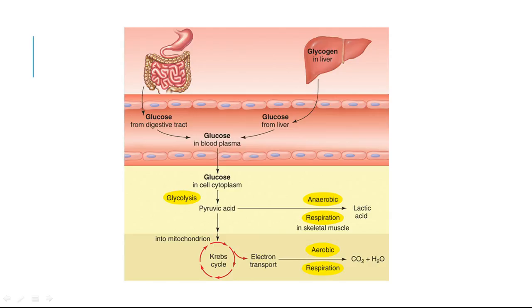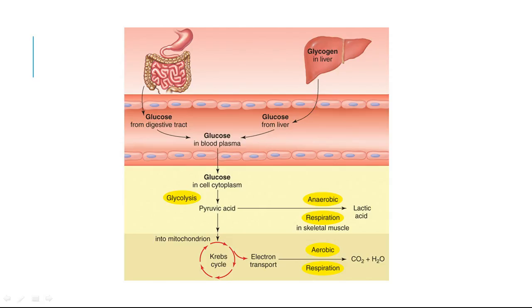If it's lactic acid, there is no transporter. I'm going to caution how I'm saying this, but there's no transporter for lactic acid to get into the mitochondria. And so if we don't put pyruvic acid into the mitochondria, we can't do what with it? We can't do the intermediate step, we can't Krebs cycle, we can't electron transport chain.